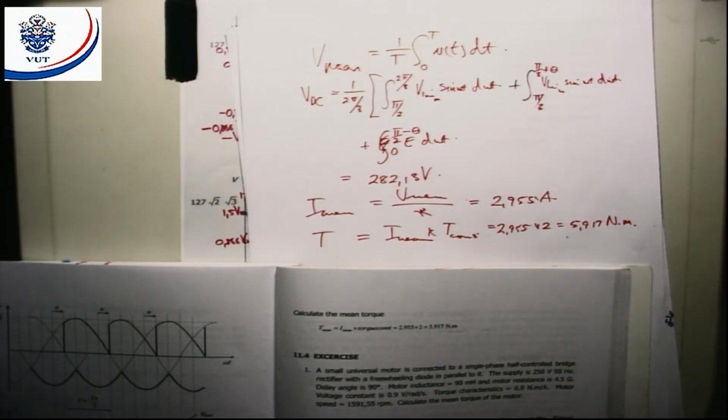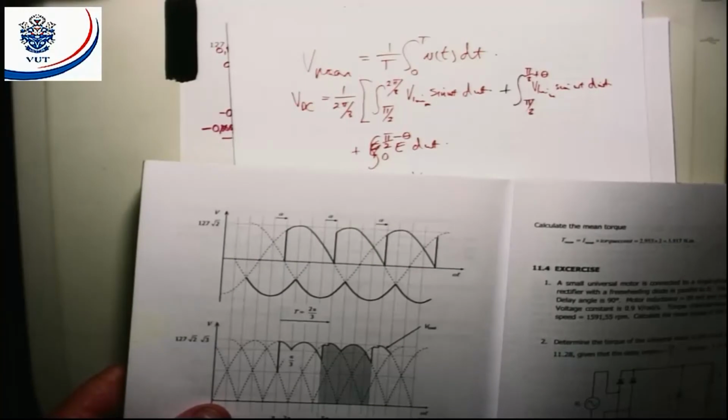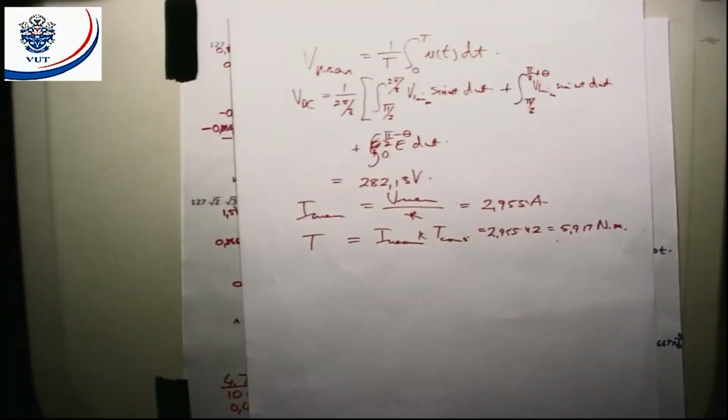Yes, sir. Why are you saying the limits for the back EMF is from 0? Why are you starting at 0? Okay, I know. Oh, okay. Let's just look at this graph here.